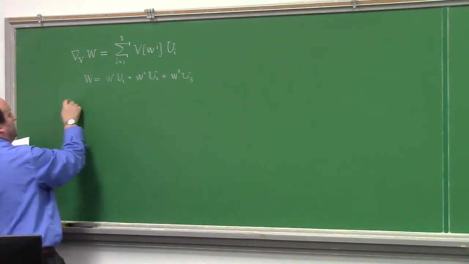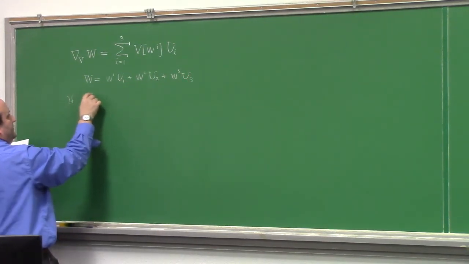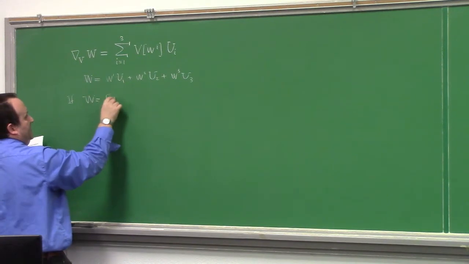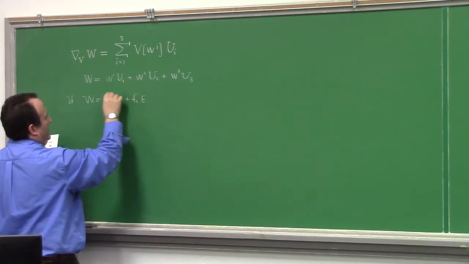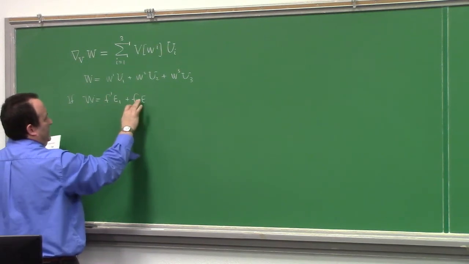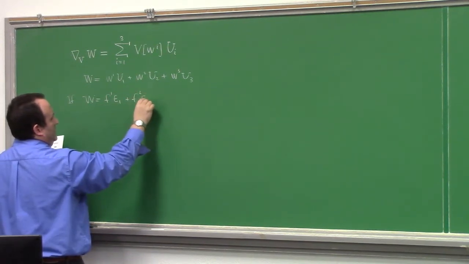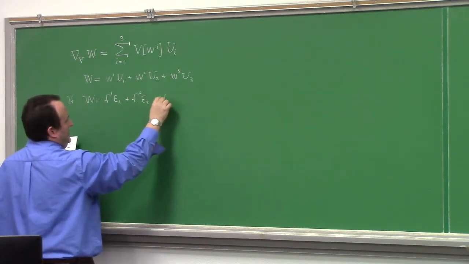Now, if we had w equal to f1 e1 plus f2 e2, I like to put the numbers up on these. O'Neill and I have some stylistic differences there.